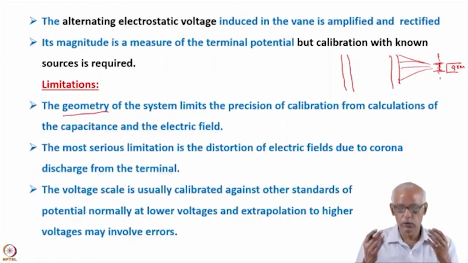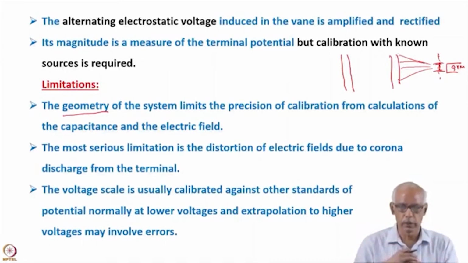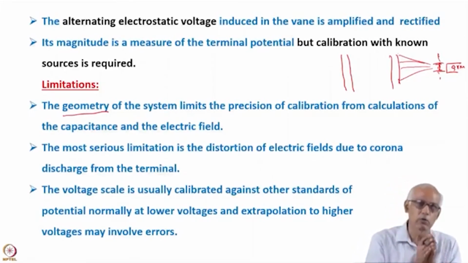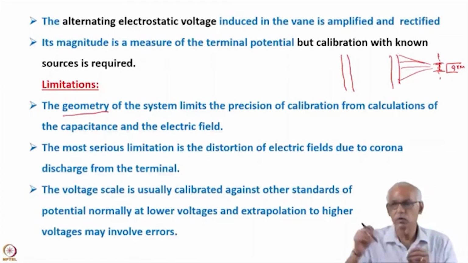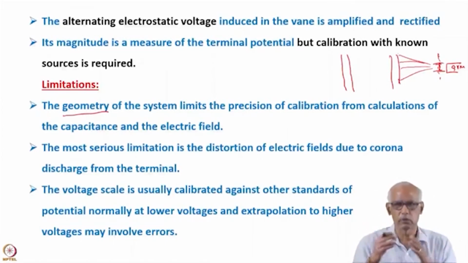The voltage scale is usually calibrated against some other standard potentials, normally at lower voltages. This I have repeatedly said, that your calibrations are normally done at lower voltages, and you are trying to extrapolate it. Say, for example, suppose you take a DC accelerator with 10 million volts or 20 million volts.